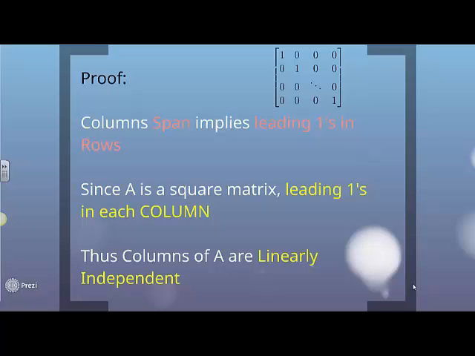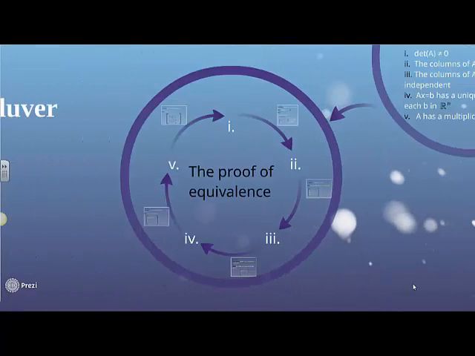But since our matrix is square, which is the key point of why all these equivalences work, this is the same thing as saying that there's a leading 1 in each column. And going back to those equivalent statements in the colors there, going back to yellow, if there's a leading 1 in each column, this means that the columns of A are linearly independent. So I've just shown 2 to 3.